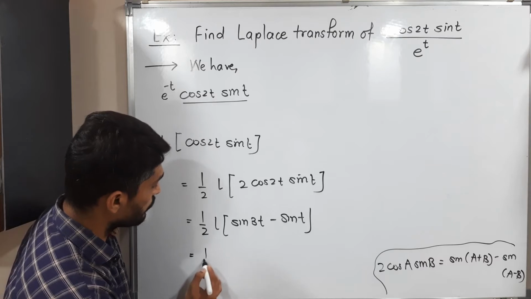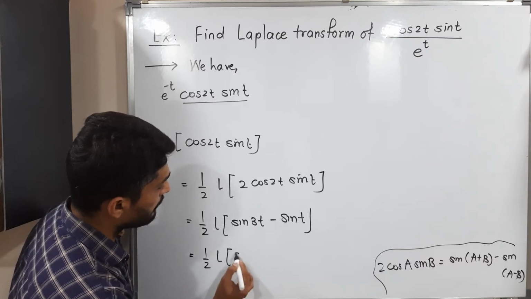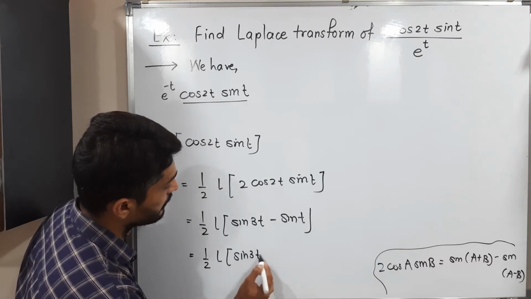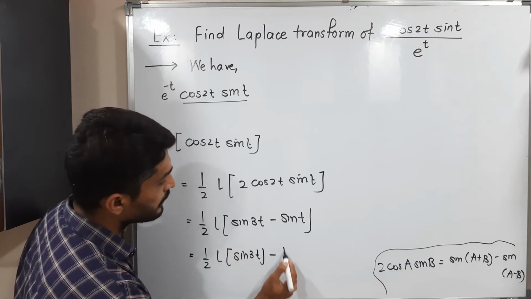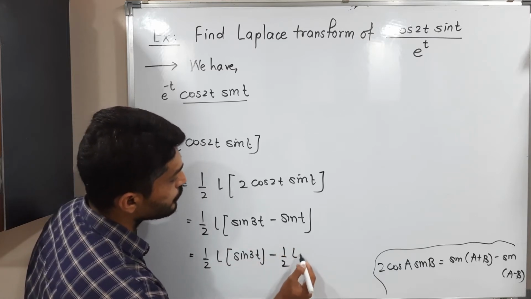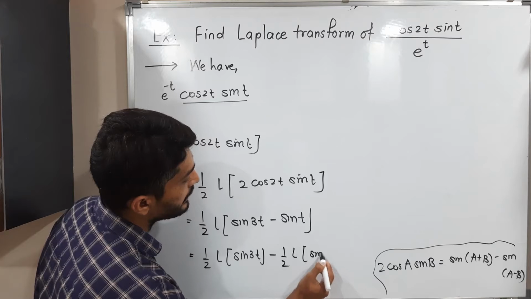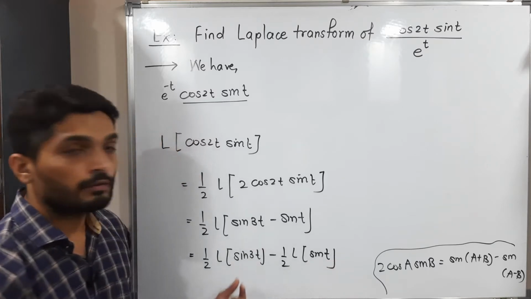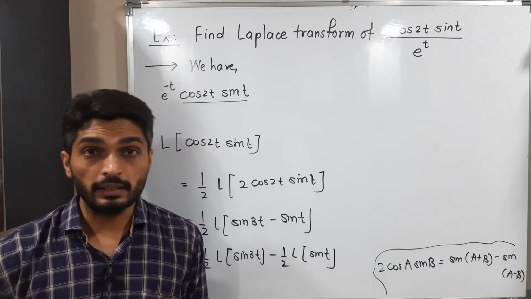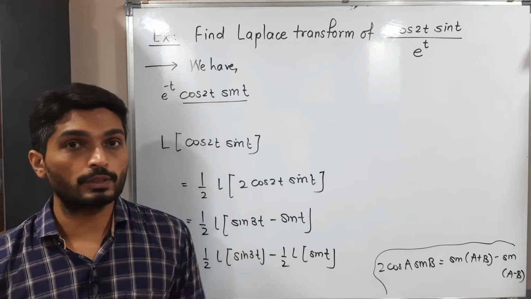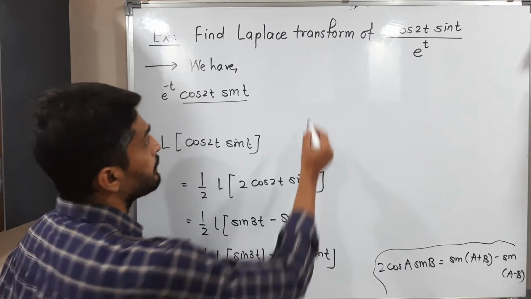So this is equal to 1 by 2 Laplace of sin 3t minus, see, 1 by 2 is a multiple to both terms, so 1 by 2 Laplace of sin t. You know the formula of Laplace of sin at, a upon s square plus a square. So that formula we can use to find its Laplace.